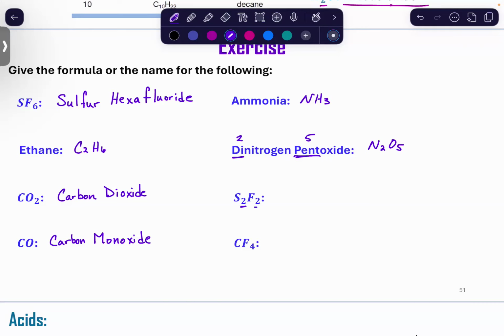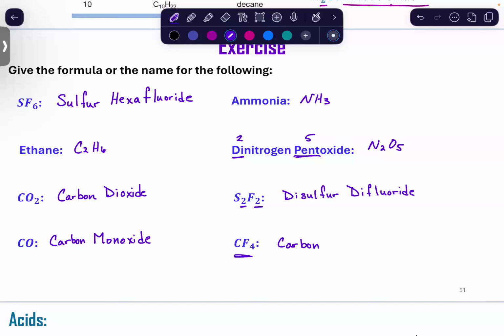Well, I have 2 sulfurs and 2 fluorines, so disulfur difluoride. And then we will end with CF4, so 1 carbon, so carbon. 4 fluorines.